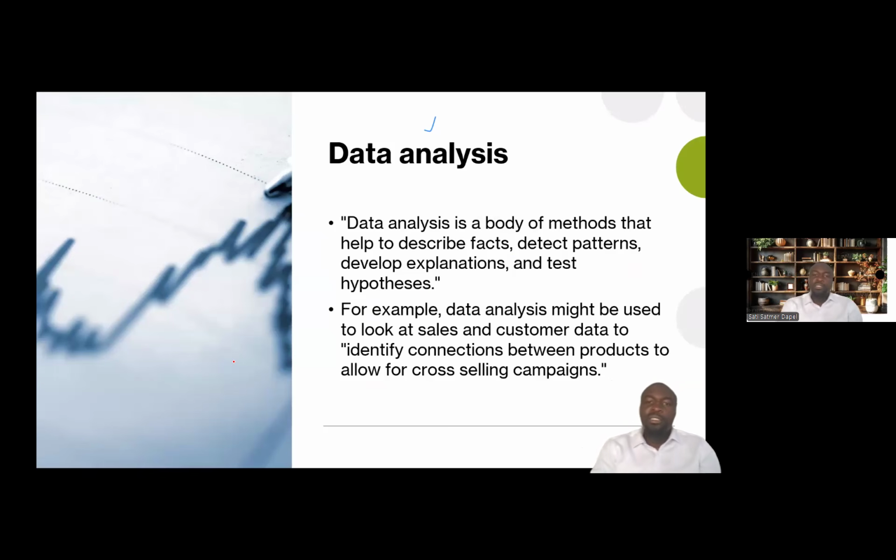Then finally, data analysis. Data analysis is a body of methods that helps to describe facts, detect patterns, develop explanations, and test hypotheses. That's data analysis. All right.